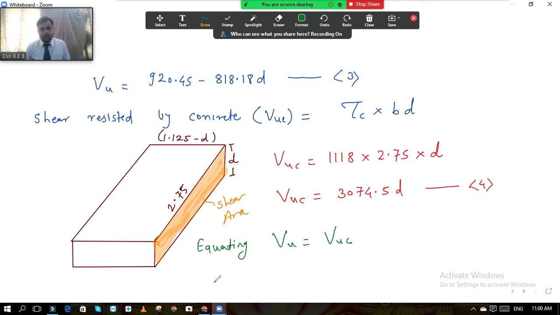So the values are 920.45 minus 818.18 d must be equal to 3074.5 d. Now if you solve, you will get the value of d.